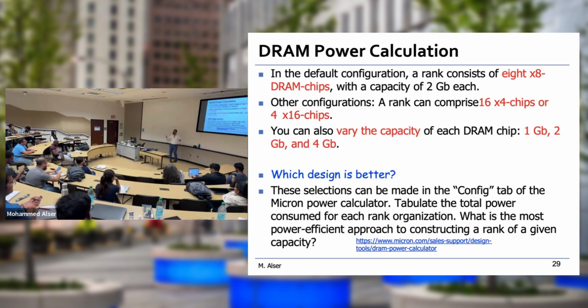You'll get an Excel sheet. In it, you'll see a tab called configuration. Based on that configuration, you can choose those numbers and send me a screenshot of the result you get. So you just play with the configuration. It automatically updates the things internally.